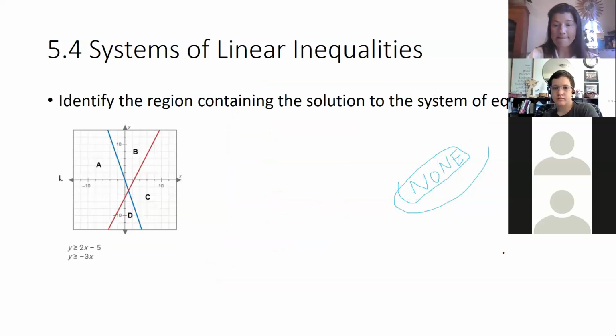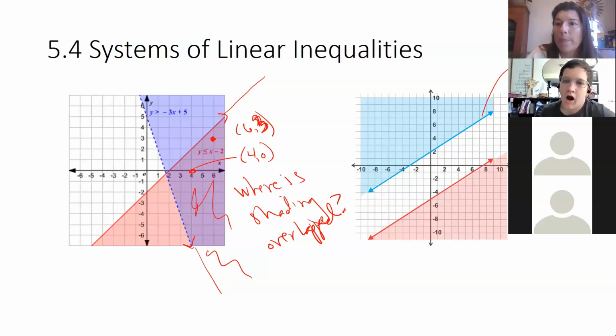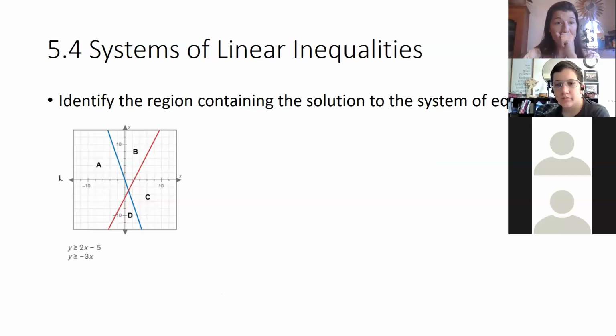Because they have the same slope. Okay. So Katie noticed these lines have the same slope. So those two linear equations are never going to intersect, right? And so since the shading is on the opposite side of them, the shading also will never intersect. Good. So this lesson talks a little bit about the different scenarios. So just remind yourself you're looking for where the shading overlaps.